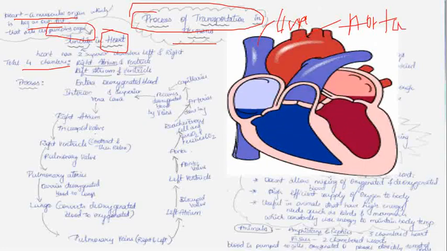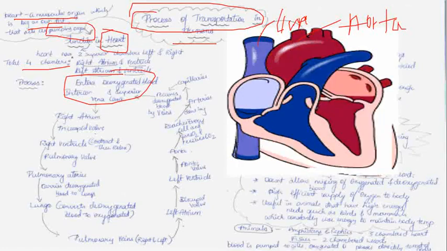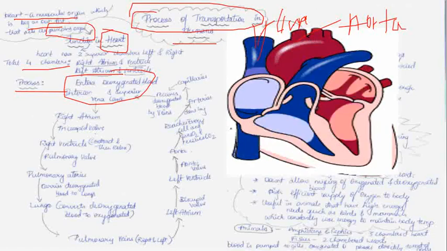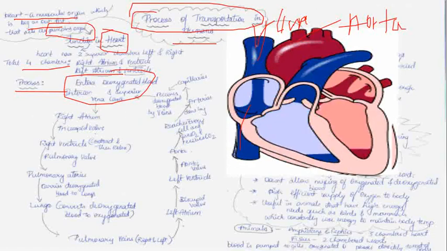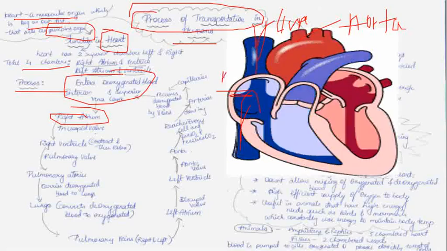So let us study the transportation system, first in the heart, how the heart functions. From the vena cava, the deoxygenated blood enters from the upper body and lower body. As you can observe here, it enters through the right atrium.